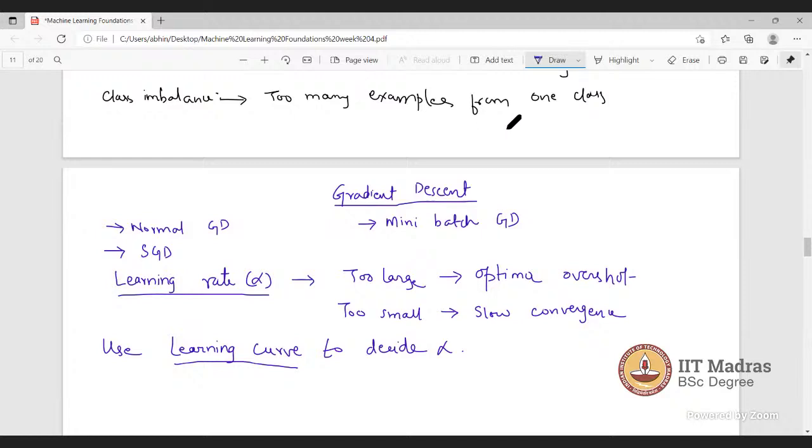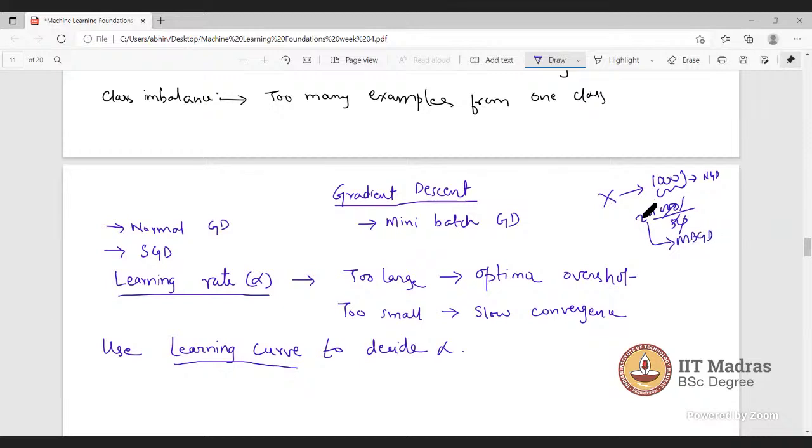In normal gradient descent, suppose in X we have 1,000 examples in total. If we are doing it for all these 1,000, we call it normal gradient descent. Suppose I divide it into 50 parts, then I divide 1,000 by 50, so 20 examples each. That will be called a mini batch.